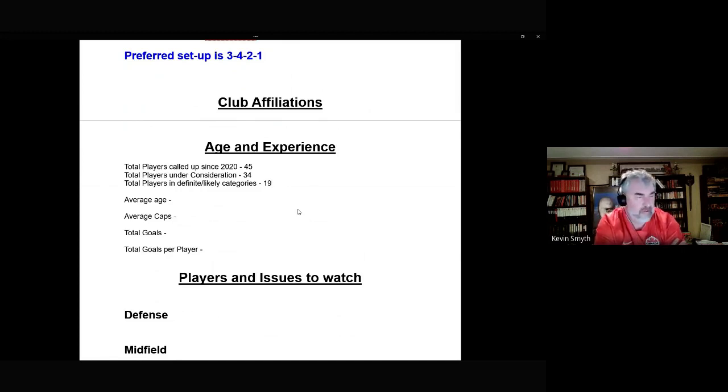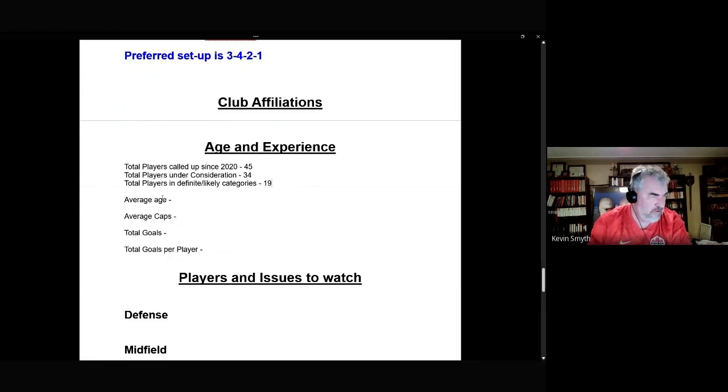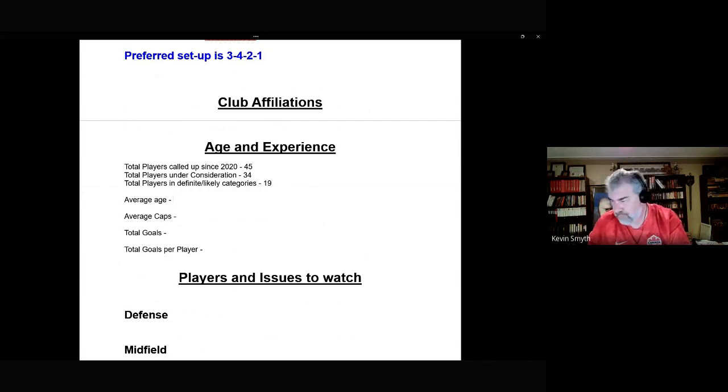So 19 players seem certain to reach the cup. There's always a couple of surprises, late players coming in, or maybe players getting injured. So, basically, if we subtract 19 from 34, they have to add 7 of those 15 players to come up with their final squad, give or take a couple for unusual circumstances, like players showing great form in the 3 weeks before the cup or something like that.